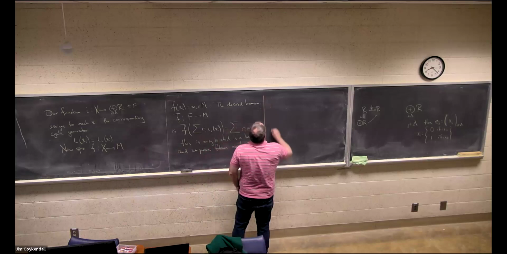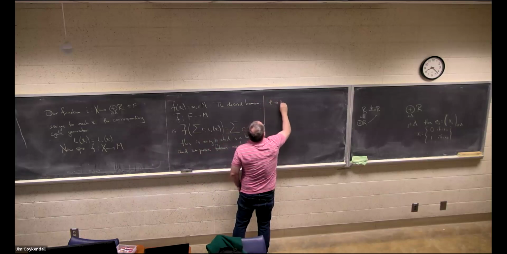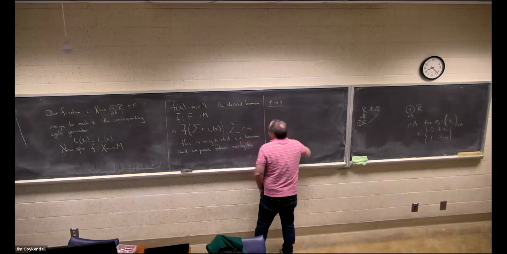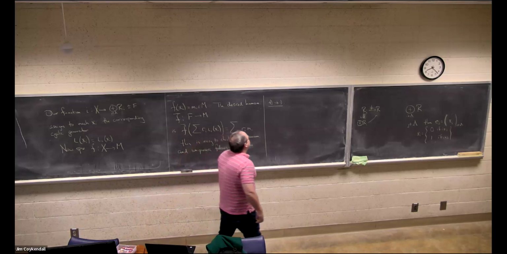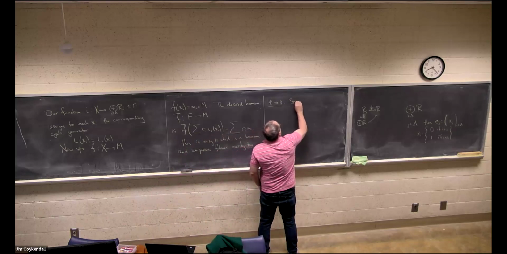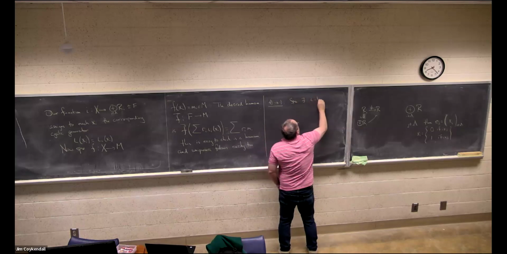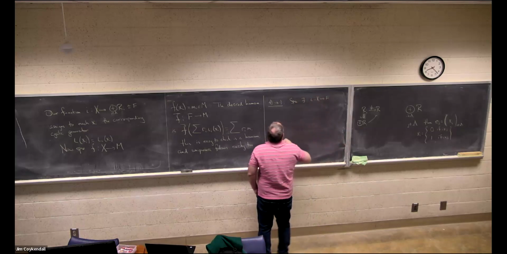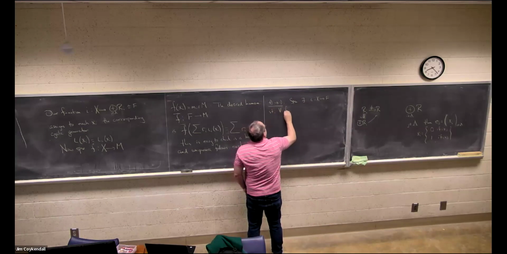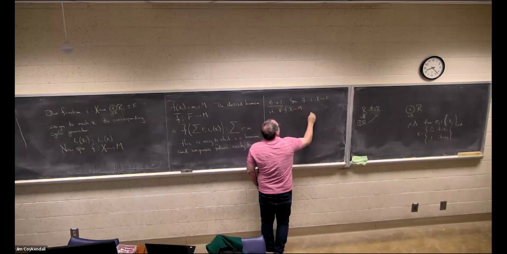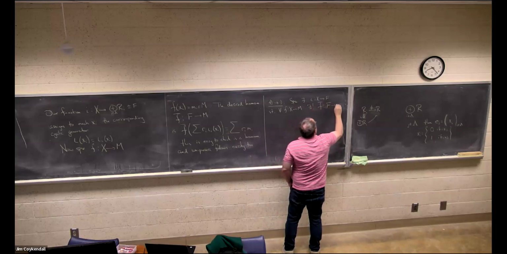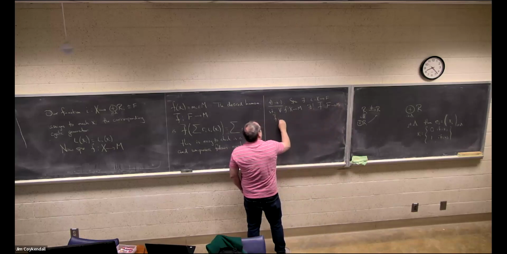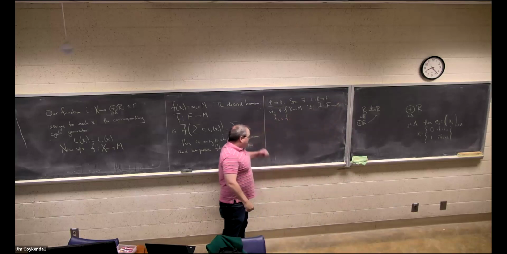The last thing I want to do is formalize one. I'm going to make a bold claim here. Suppose there exists iota from X into F, such that for all functions f from X to M, there exists a unique f bar from F to M such that f bar iota equals f.